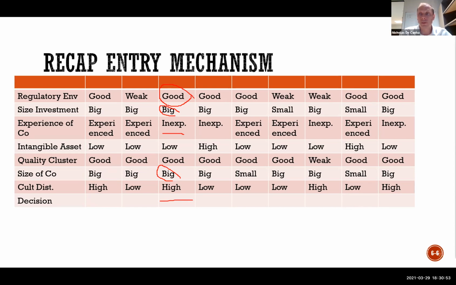Not impossible at all. Could you buy something? Absolutely. Would acquisition be a fit? Because I'm inexperienced. Absolutely. Right. And I have low intangible asset and my cultural distance is high, so I'll go for acquisition. Absolutely. So TTC and CFO, acquire it.